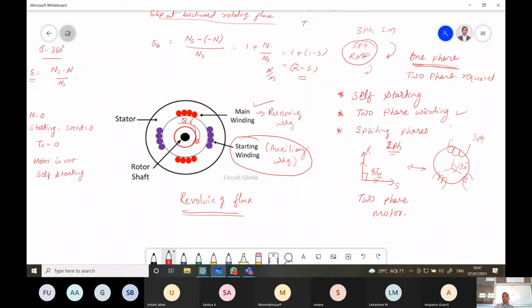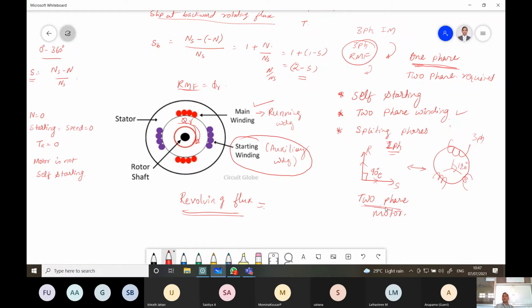In a three-phase induction motor, we call it the rotating magnetic field. It is the same thing. In single phase, we call it the revolving flux. It means it is a rotating flux, not motor rotation, flux rotation. To produce this revolving flux, we require at least two phases.